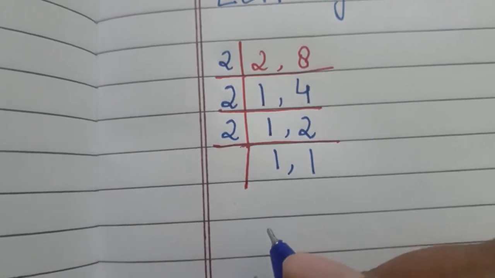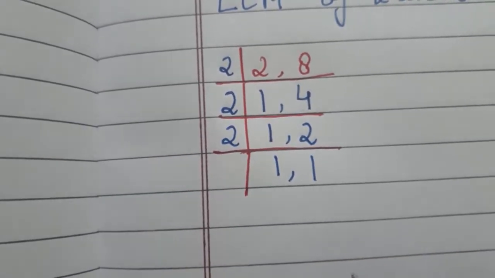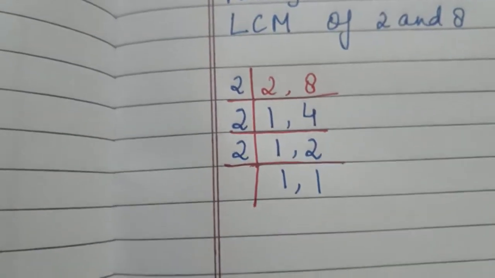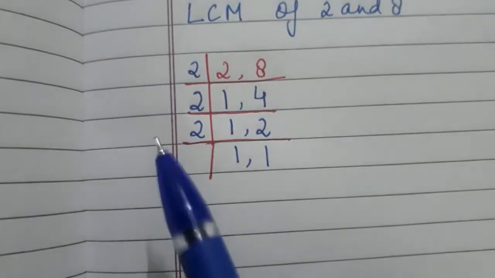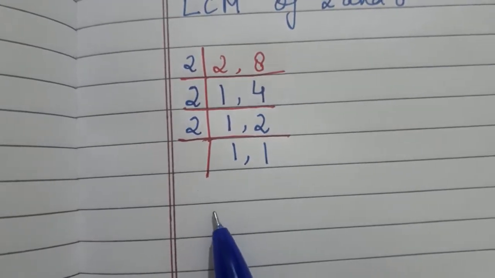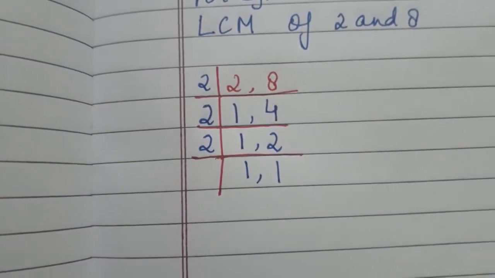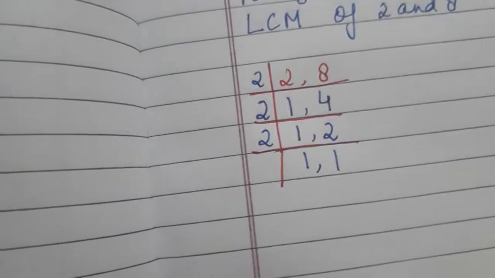Now children, as I say, the product of all the prime numbers together. So children, the product of all the prime numbers is the LCM. That's the common division method.